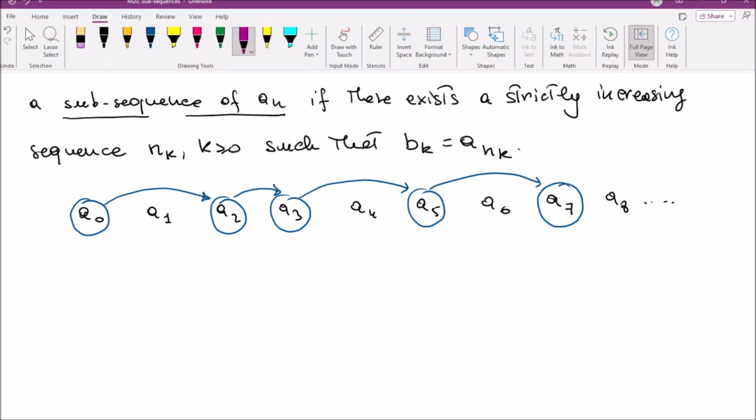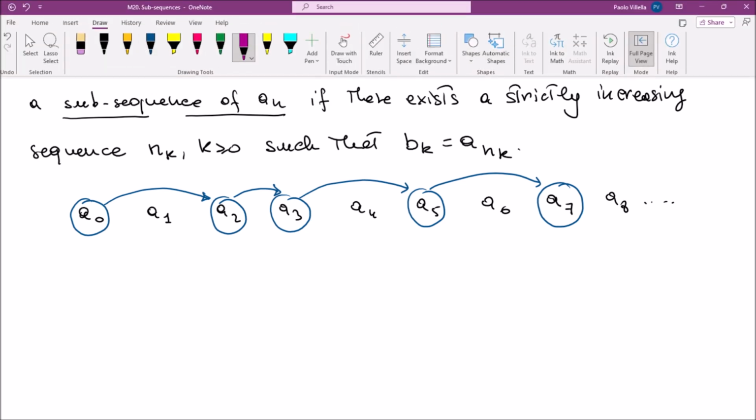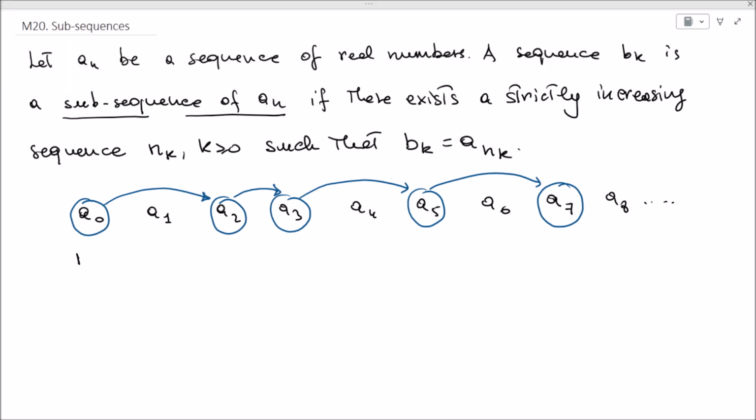Now, this is just like saying that these elements that we have checked belong to a new sequence a_{n_k}, such that n0 is equal to 0, n1 is equal to 2, n2 is equal to 3, n3 is equal to 5, n4 is equal to 7, right?